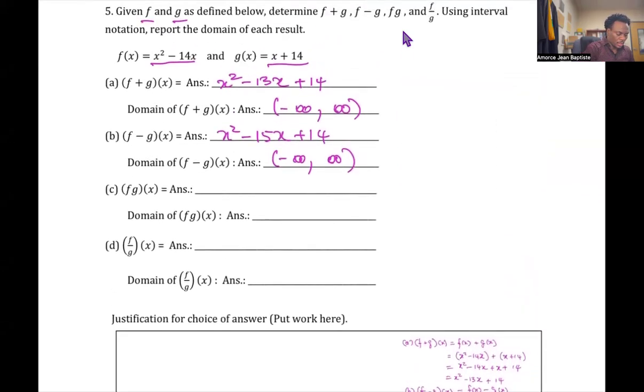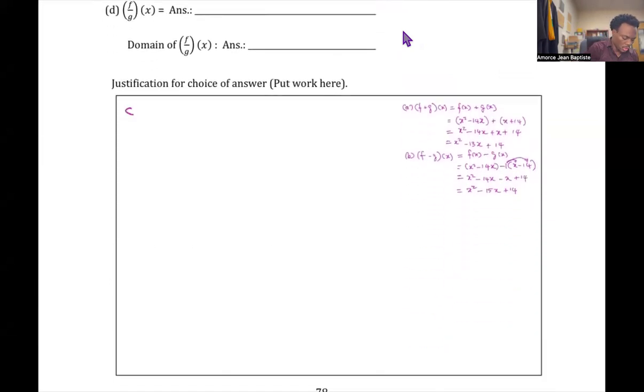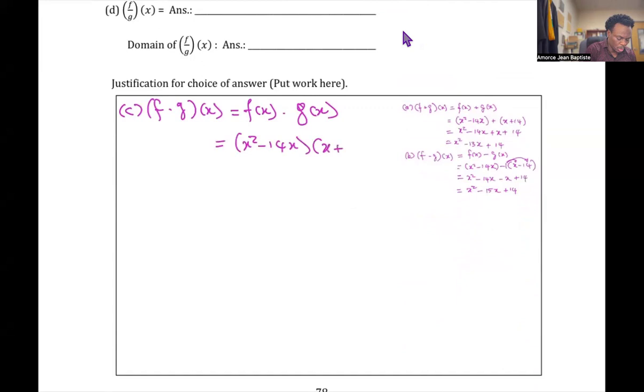Our next question is C. We want to find the product of f and g. So C, f times g of x, that is f of x times g of x. So that is x squared minus 14x times x plus 14. Well, that's a FOIL.